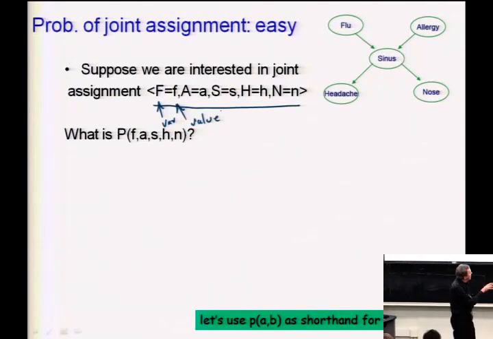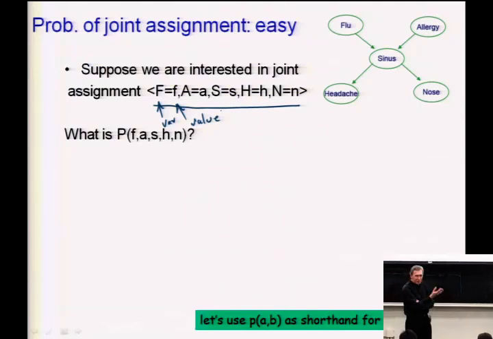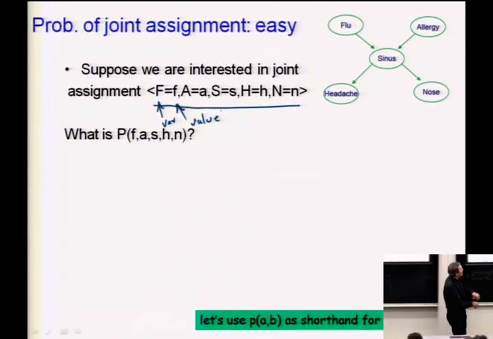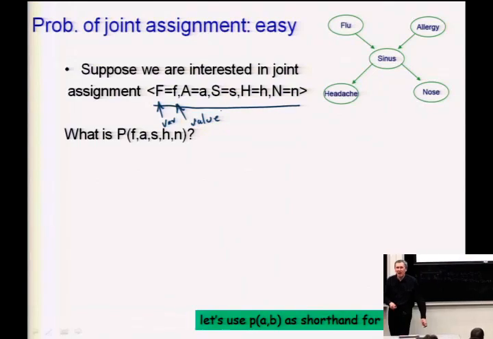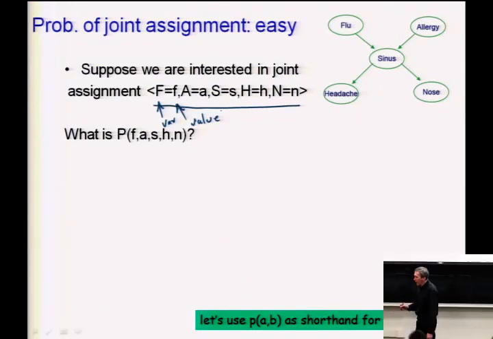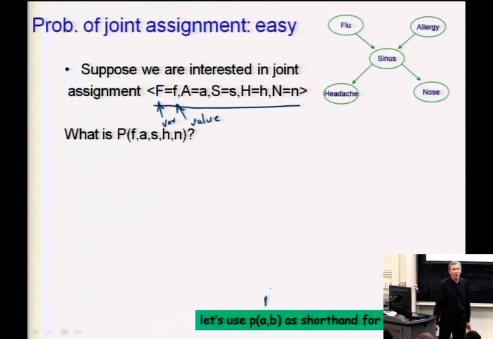I'll follow this notation. It's fairly common. Not everybody uses it, but a lot of people in the research literature use the same notation. And I'll even use this kind of shorthand notation a lot. If I don't want to actually write out in detail that the variable uppercase A has the value lowercase a, I'll just abbreviate it this way.